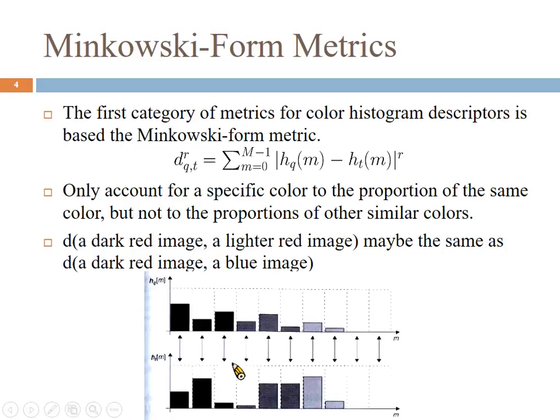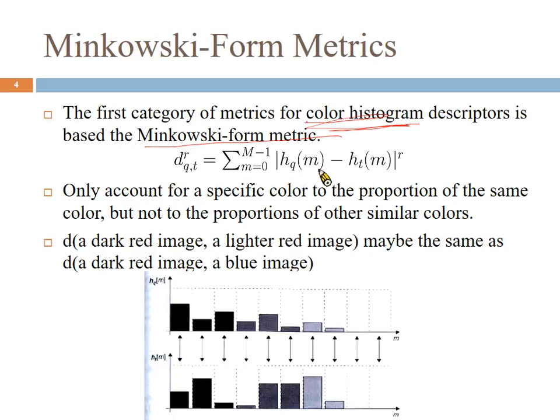Another commonly used distance metric is the Minkowski form. Given two vectors, and these vectors may represent two color histograms. As we know before, a color histogram can be represented as a vector. So given two color histograms, the Minkowski form distance between them can be defined like this.